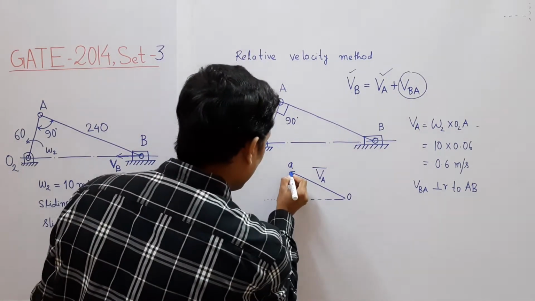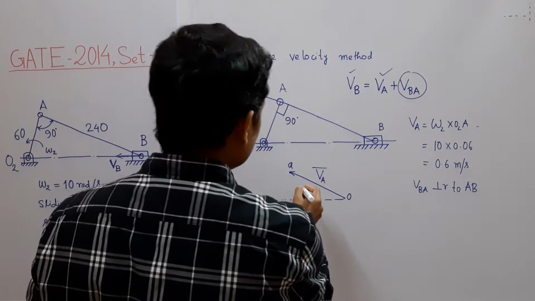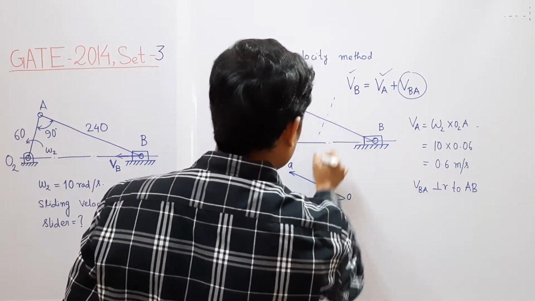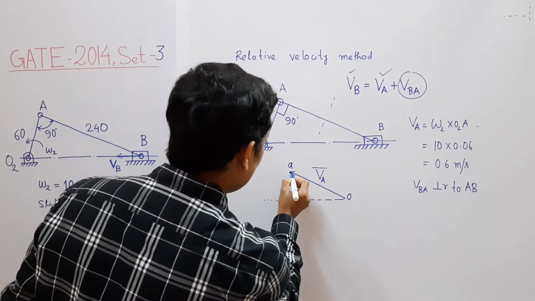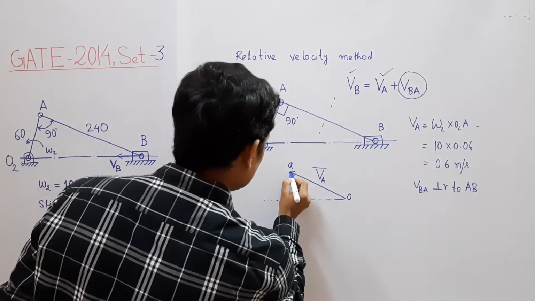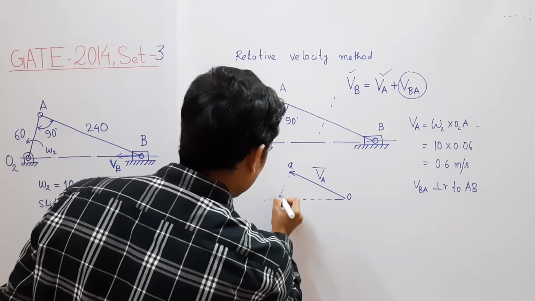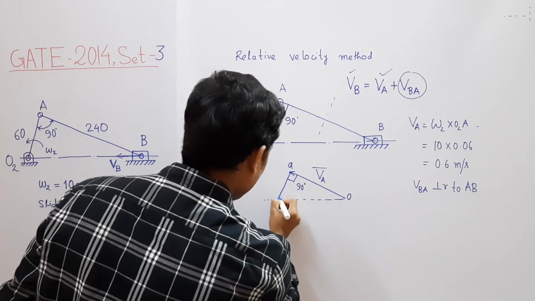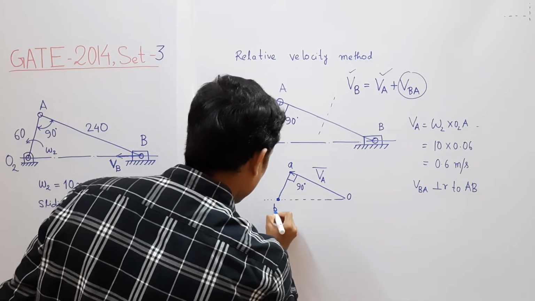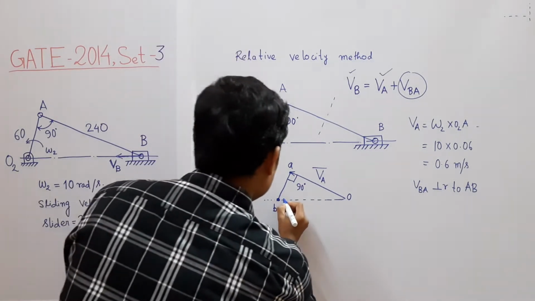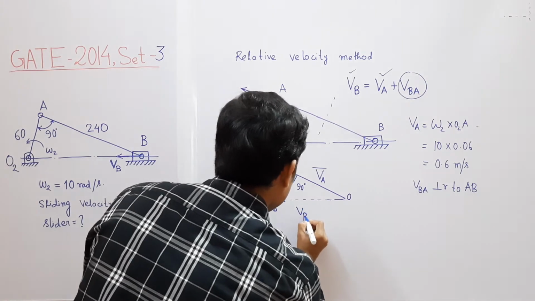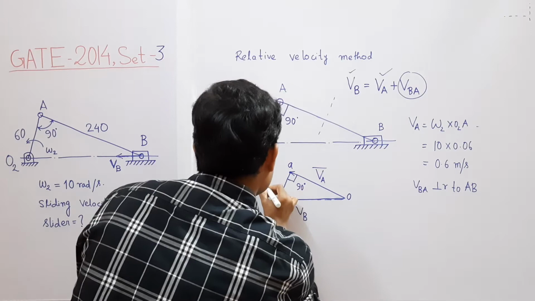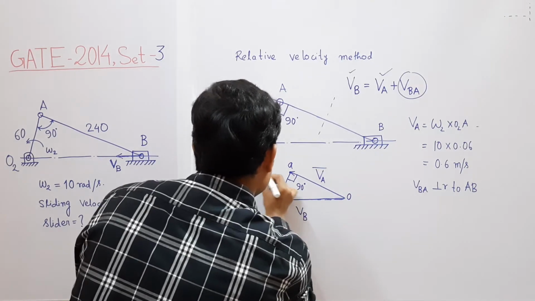So from point A, as VA is along AB and perpendicular to AB is also perpendicular with this line also. So we will draw a line which is perpendicular to VA, and that intersects the horizontal line at point B. So this is VB and this vector is VBA.